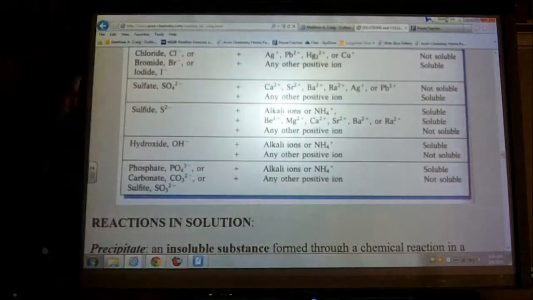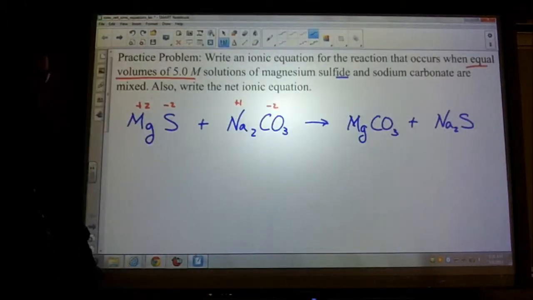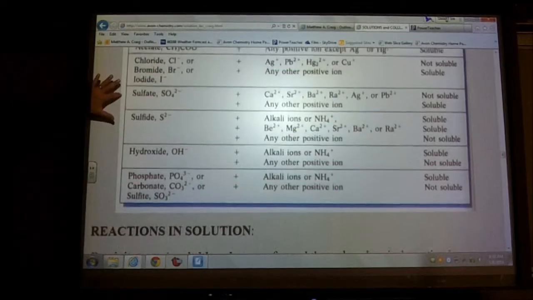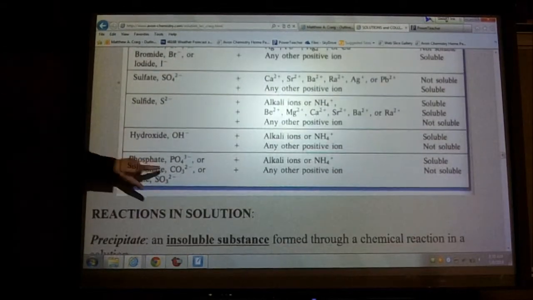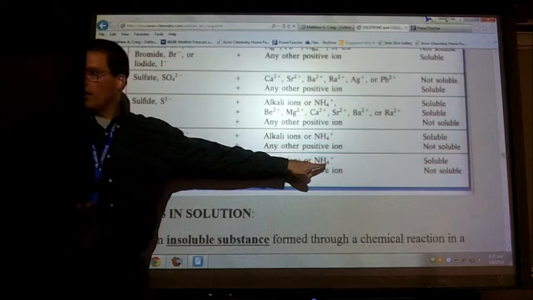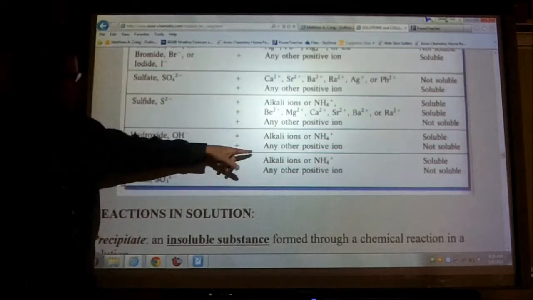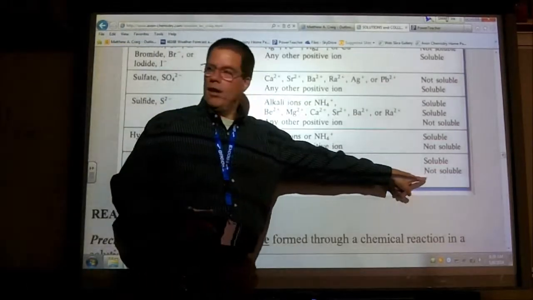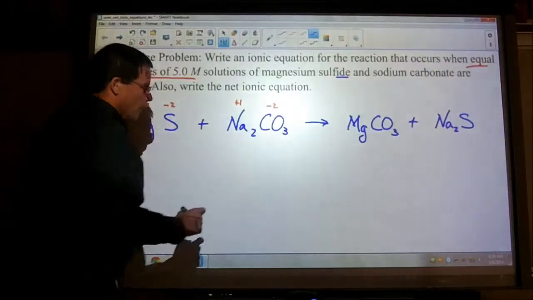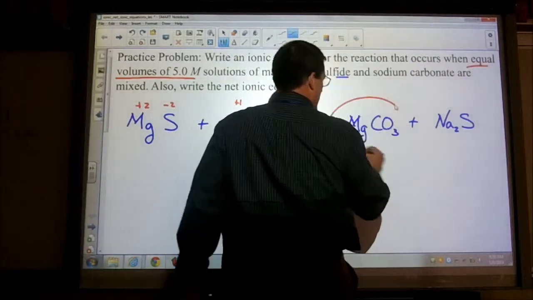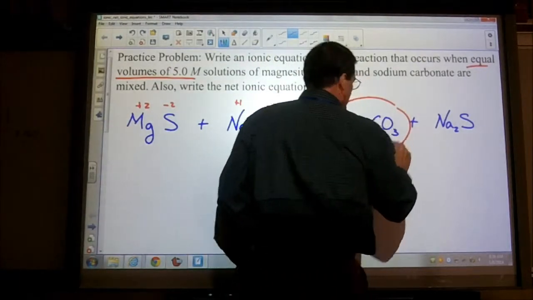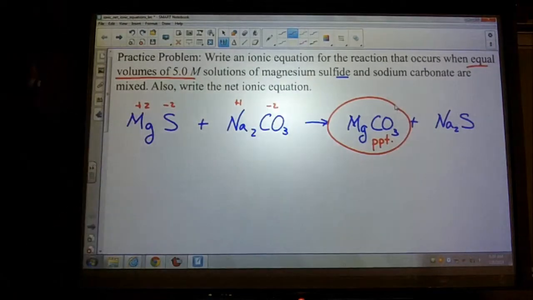And then the next one was magnesium carbonate. So find carbonate. Oh, there it is. So go to the top row. Is magnesium an alkali ion? It's in group 2A. So go to any other positive ion. Hey, we got a not soluble. So that means we have a PPT. We have something happening, which is good. We want something to take place. If you think they're both soluble, you need to start over or reevaluate your life again here.